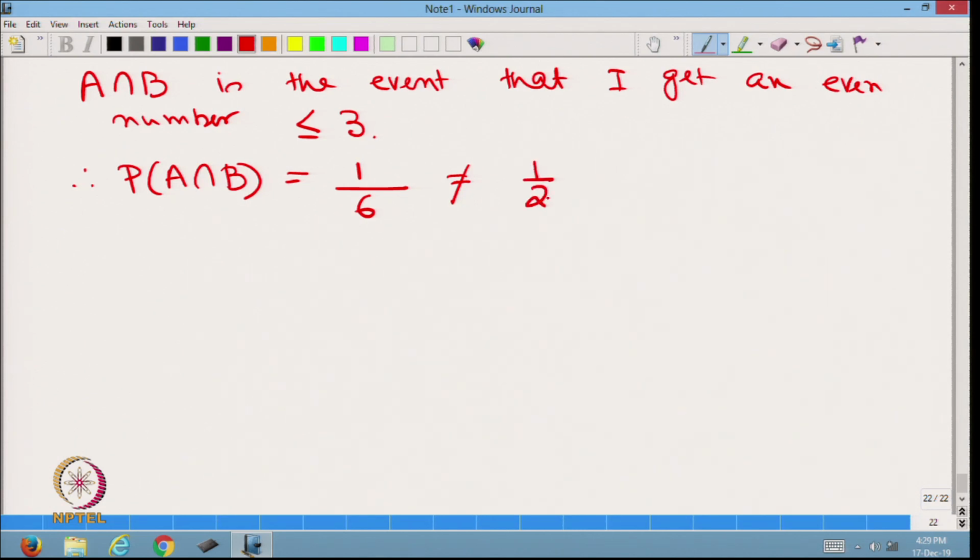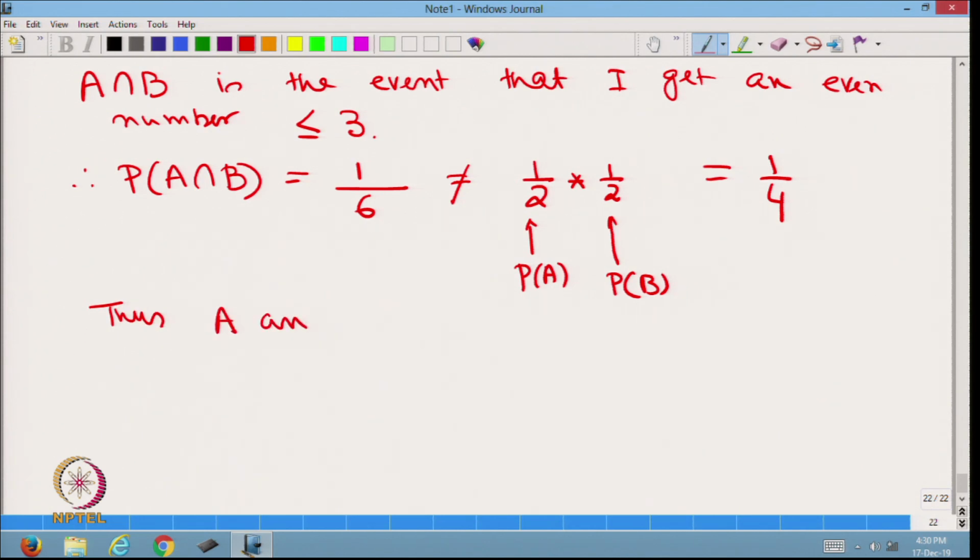No, because the product of these two probabilities is half into half, which is equal to 1 by 4. Thus, A and B are not independent.